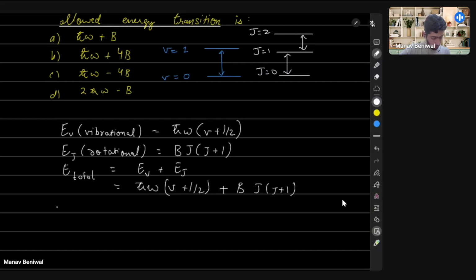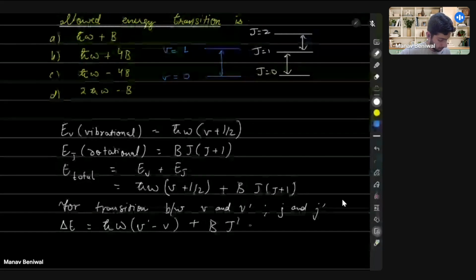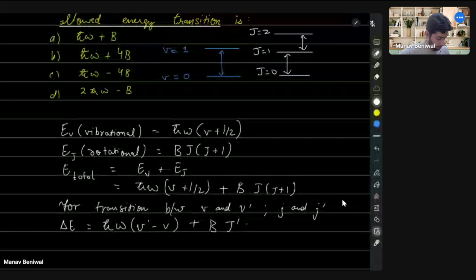Okay, so for transition between V and V prime, J and J prime, delta E will become h-bar omega (V prime minus V) plus B J prime(J prime plus 1) minus B J(J plus 1).